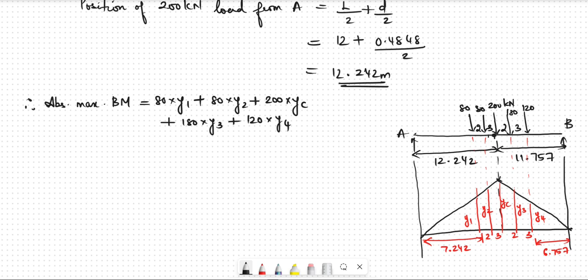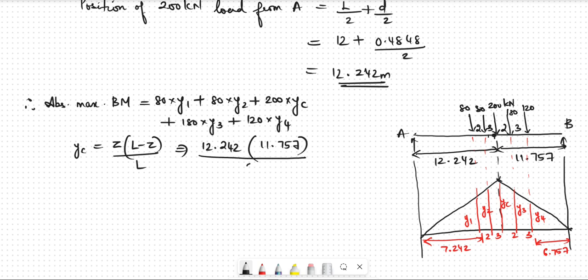What is yc? yc is nothing but z into L minus z by L, the critical ordinate. So here z is 12.242 into L minus z, which is 11.757, divided by 24, which is equal to 5.997. So you have found the critical ordinate.